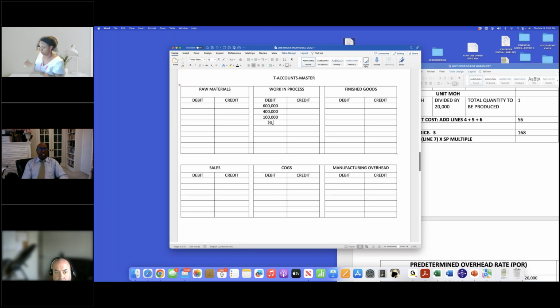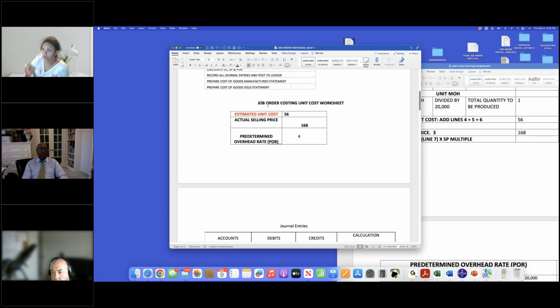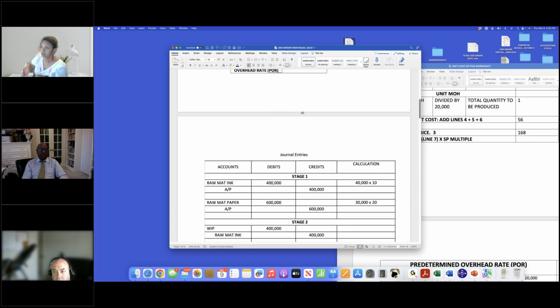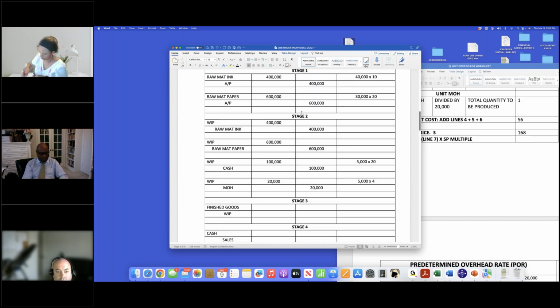So we're now essentially about finished with the problem. 600 plus 400 is 1,000,000, plus 120 is what we have. So we were supposed to make 20,000. Do you credit the 20,000 to cash?